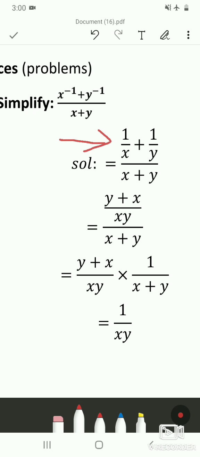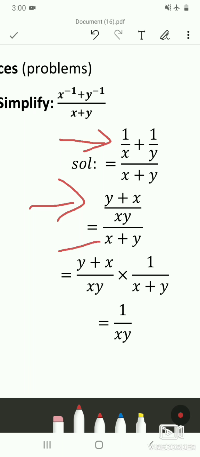So we know that a raised to minus m can be written as 1 upon a raised to m. So the numerator is written as 1 upon x plus 1 upon y whole divided by x plus y in the denominator. In the next step we are taking the LCM. So we'll get the answer as y plus x upon xy whole divided by x plus y.